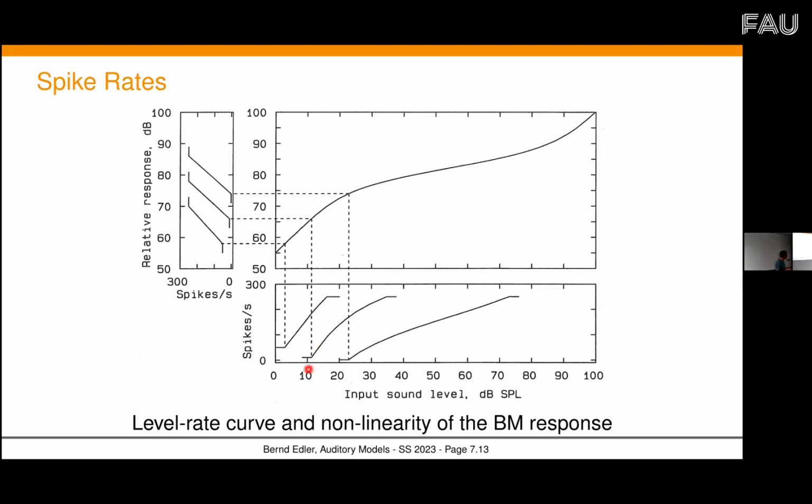And this can be combined. So here it shows you have an input sound level. This is a bit similar to the previous graph, a bit simplified with the saturations.